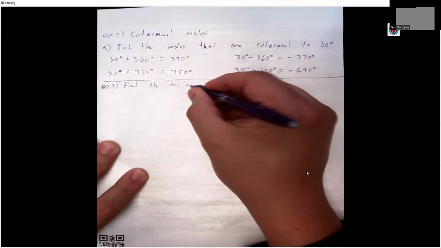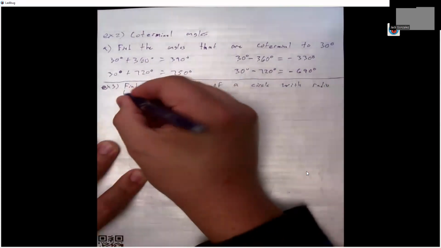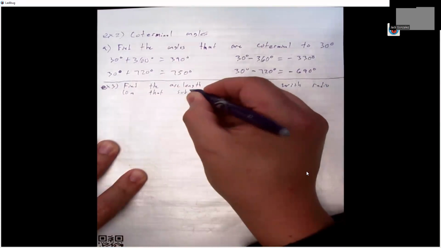Find the arc length of a circle with radius 10 meters that subtends a central angle of, I don't know, yeah, 10 meters.